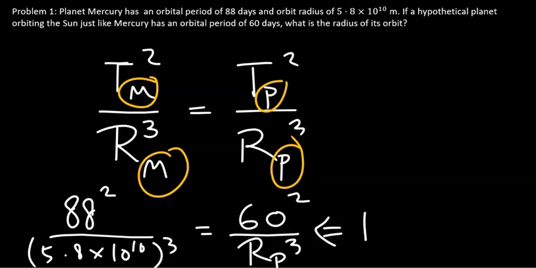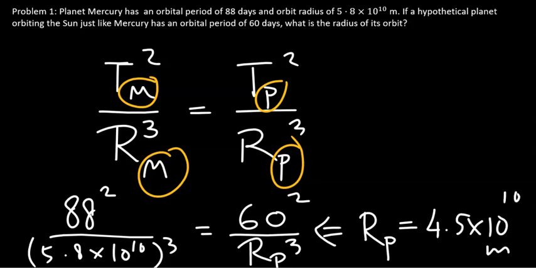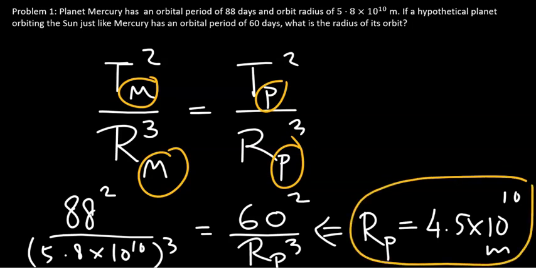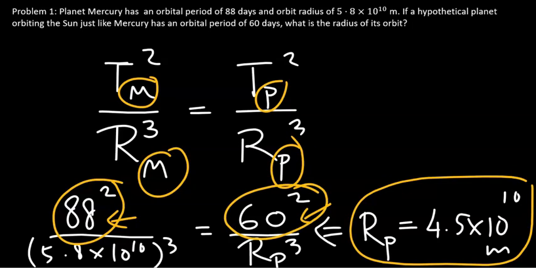So solving this, we can get the radius for the hypothetical planet as 4.5 times 10 to the power 10 meters. And that solves the problem. Note that we did not have to change days to seconds because the periods appear on both sides of the equation and the common conversion factor will just cancel out.